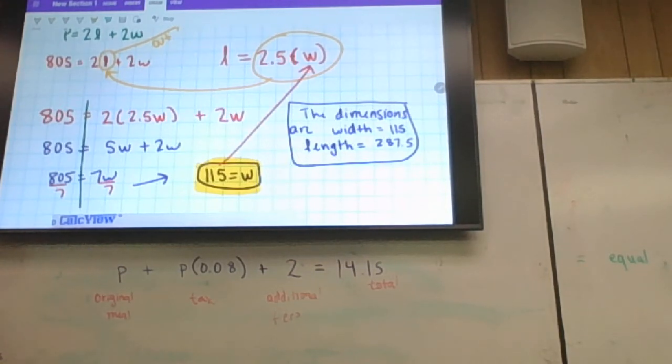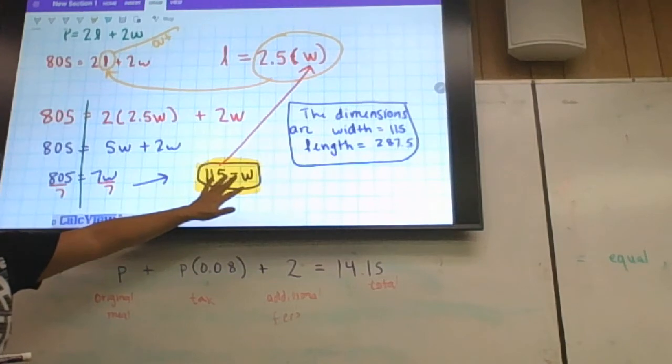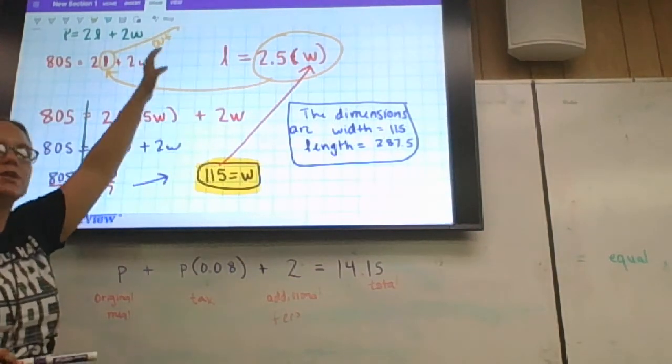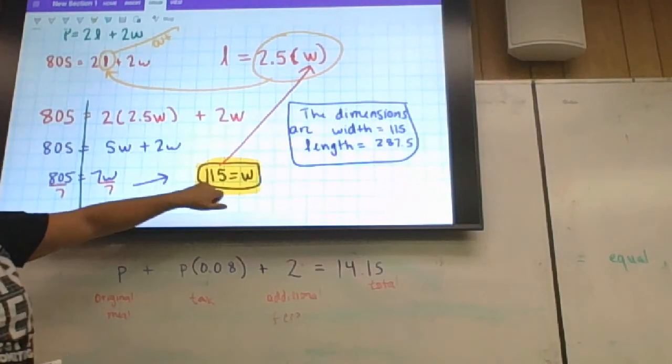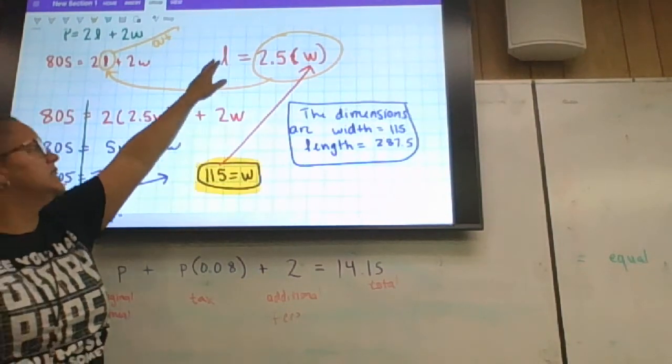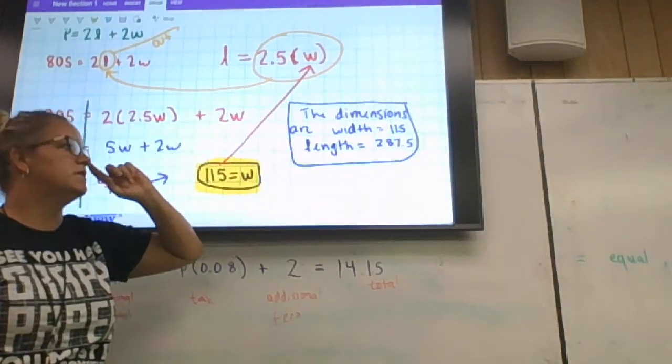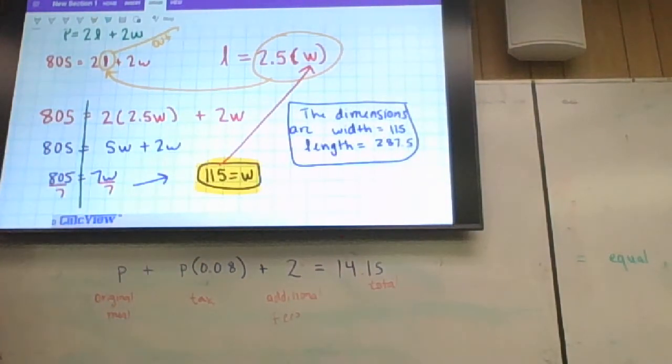Once you find one of your letters, go back to your original setups and see if you can plug it in somewhere. Since we found the width is 115, the length is 2.5 times that. So the length was 287.5. Good job.